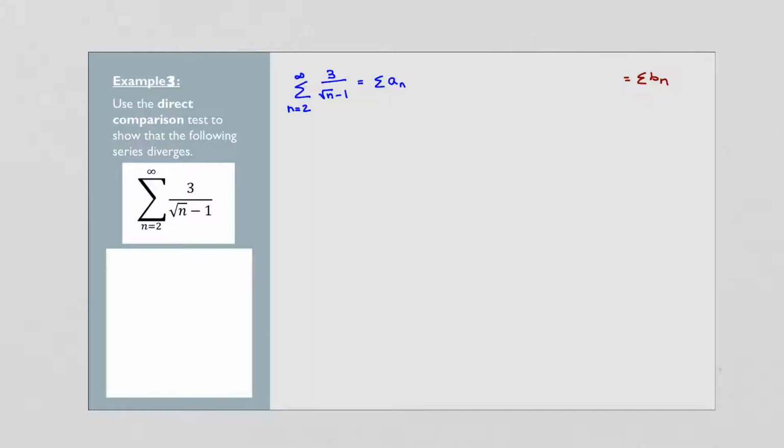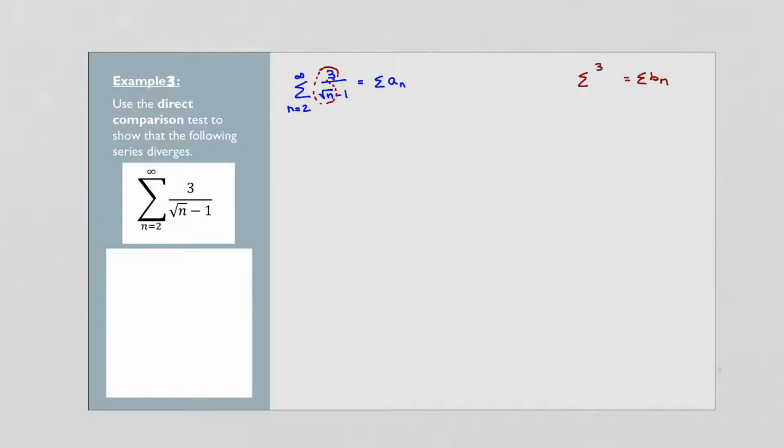What should we decide to let b sub n be? Well, my guess is we want to incorporate this square root of n. And in fact, I might be inclined to compare this particular series, 3 over the square root of n minus 1, to the series 3 over square root of n.